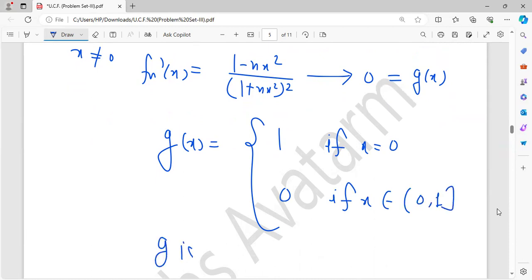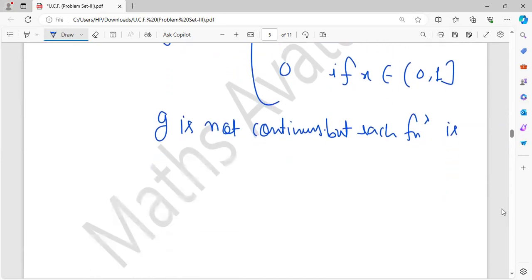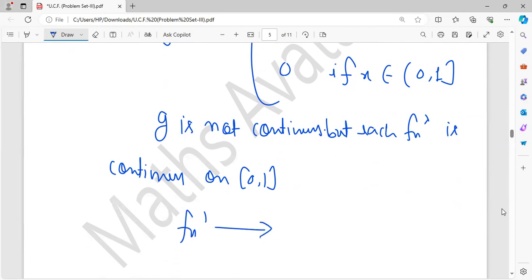So g is not a continuous function at 0, but each Fn dash is continuous on the closed interval 0, 1. G is not continuous, Fn dash is continuous. So can Fn dash converge to g? No, because a uniform limit is always continuous. So Fn dash cannot converge to g uniformly.